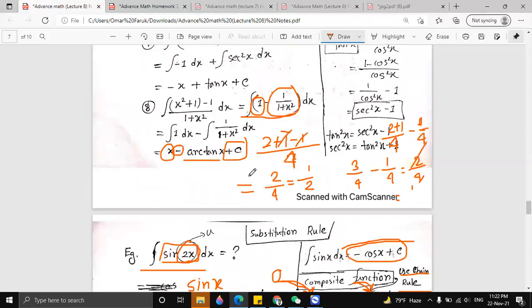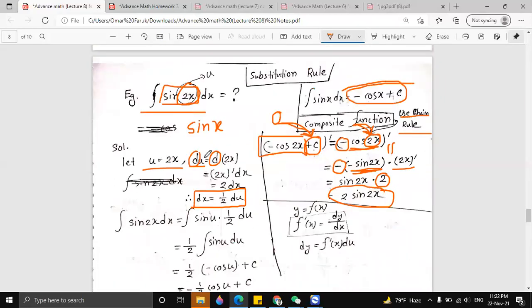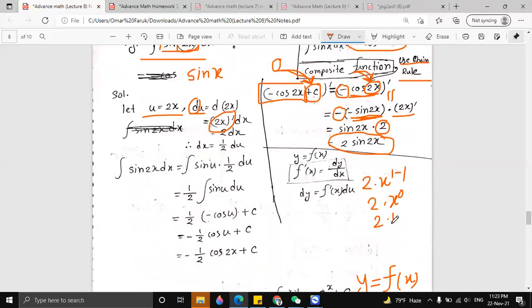So here we have d(2x). So d(2x) is equal to the derivative of 2x into dx from that small formula. Guys, you still remember the derivative of 2x. It will be 2 into x to the power 1 minus 1, that means 2 into x to the power 0, which is 2 into 1, that means 2.